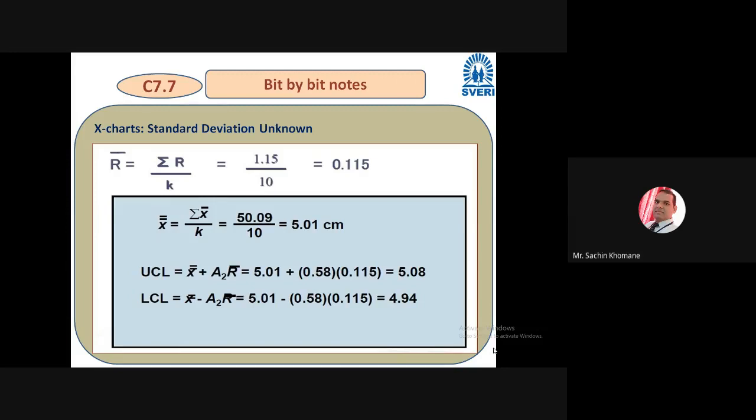And X double bar, same thing, same answers will be there, right? Summation of X bar divided by K. 50.09 also something summation of mean, and number of readings are 10. So 5.01 answer will be the same. All readings were in centimeters. So 5.01 is a center line, you can say, in that particular control chart.